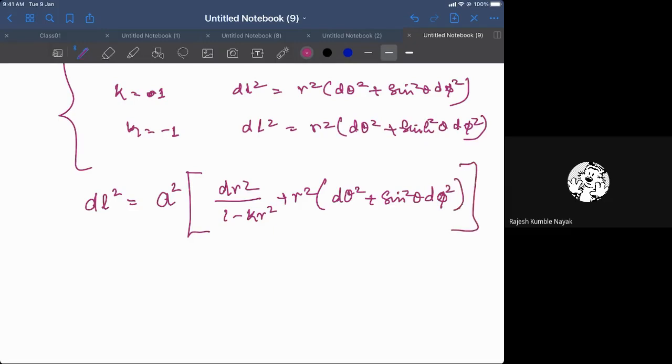In principle, this metric gives you a three-dimensional space. When k is equal to 0, it is flat. When k is equal to 1, it is a 3-sphere. There are various ways to write the metric on a 3-sphere. You can simply generalize what we have here, or you can write it like this. Both are valid. This is a simple, appealing case, and you can simply switch from one to another by this.